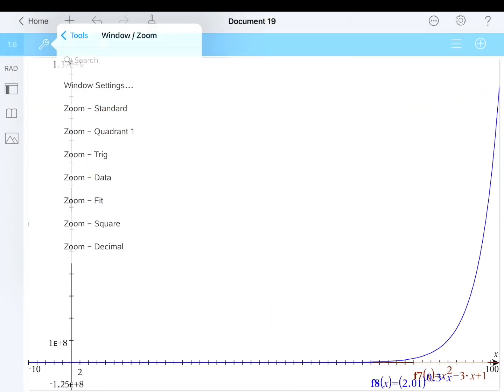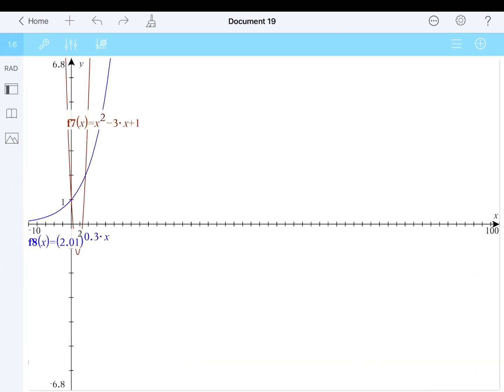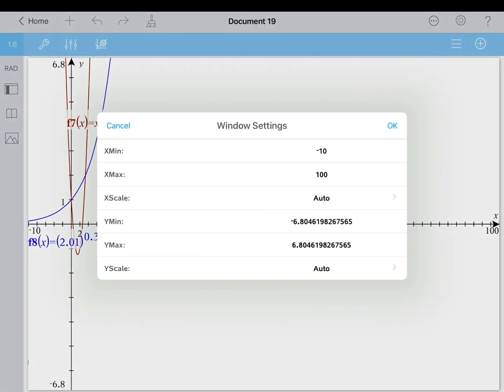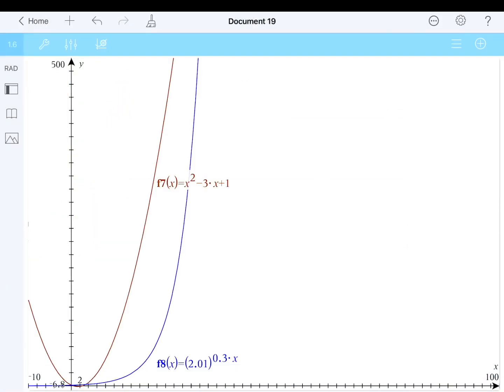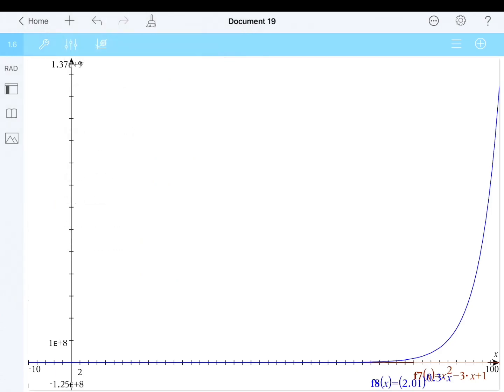So if I do a zoom fit on that, as you can see, maybe too much. We know that it's going to catch up with the eventual value. So for the y, let's put 500. Why not? Maybe too small. So let's go zoom fit. And that should be about here.